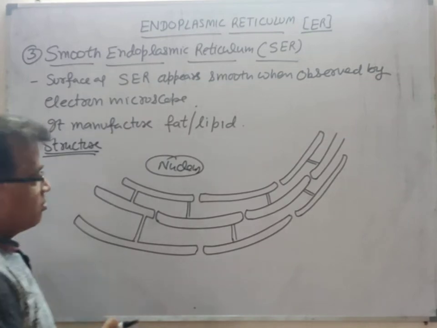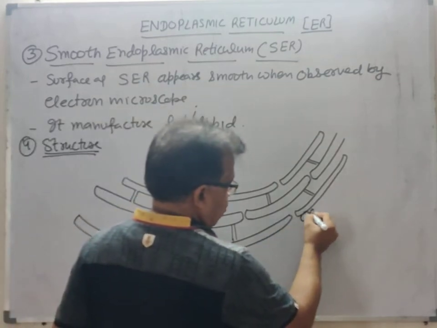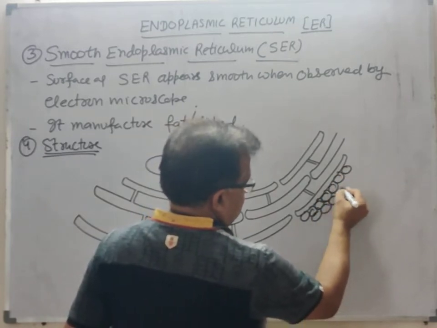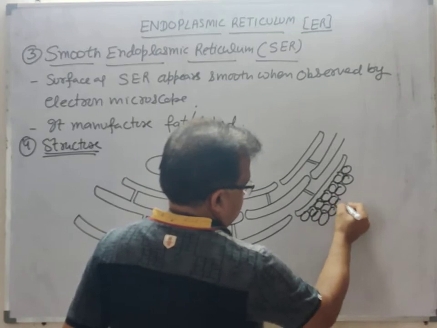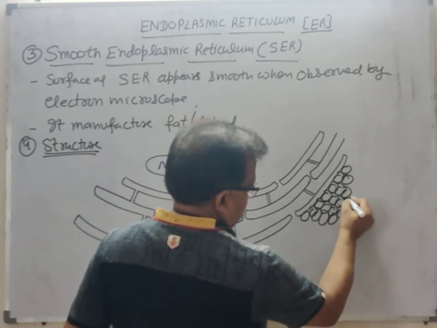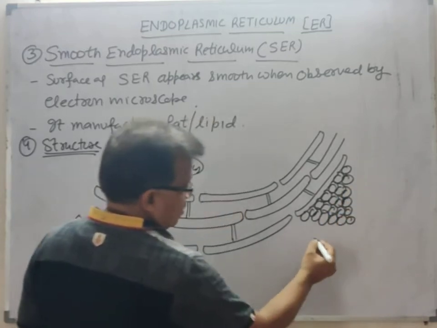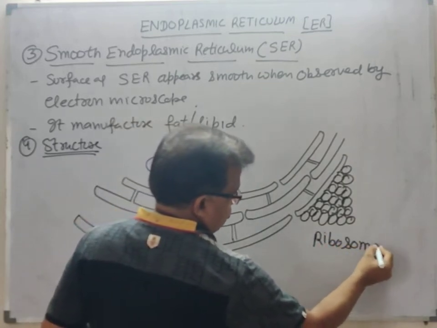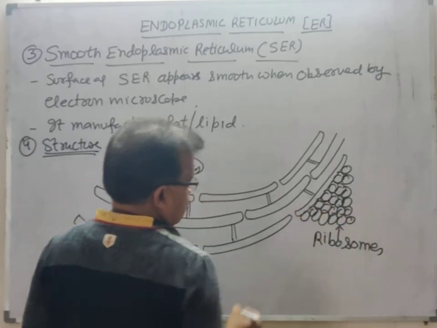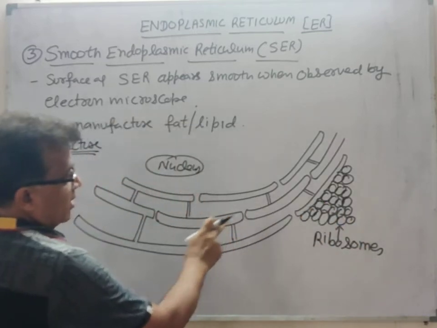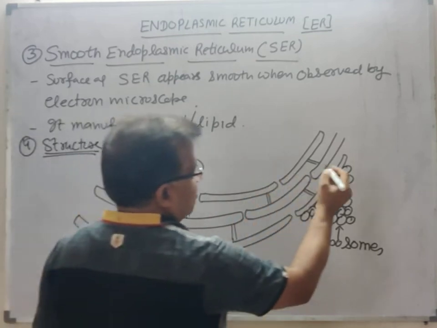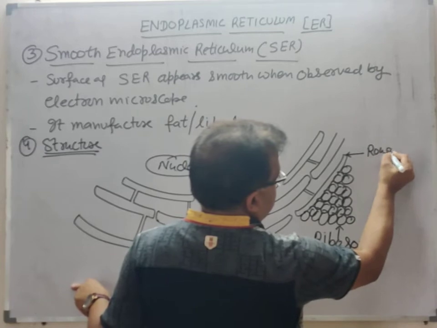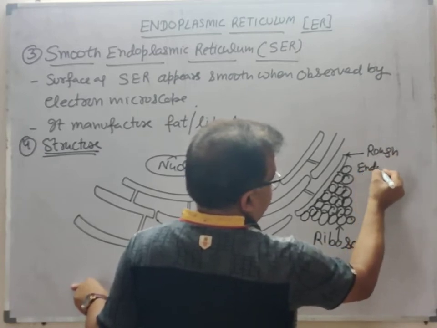Now on some surface you can show ribosomes. These are ribosomes. Because ribosomes are attached with this surface, we can call it rough endoplasmic reticulum.